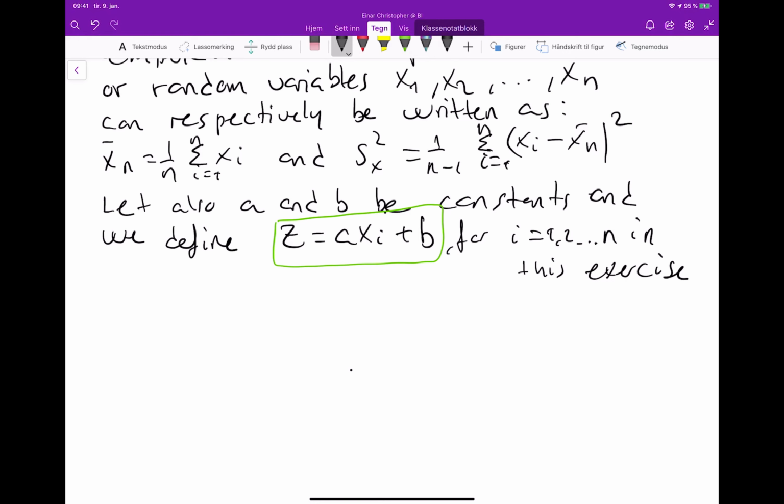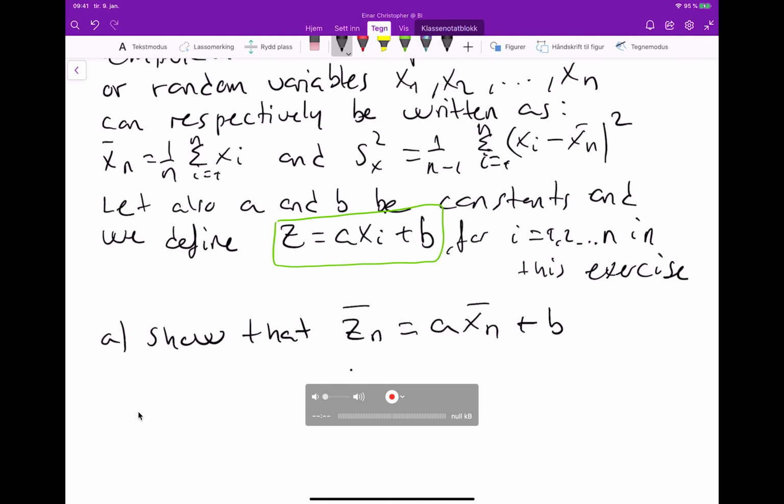The first we are going to do in a is to show that the empirical average of the zi's is equal to A times the empirical average of the x's plus B. Okay? If we are going to show the empirical average of the zi's, we have to use the formula for it.